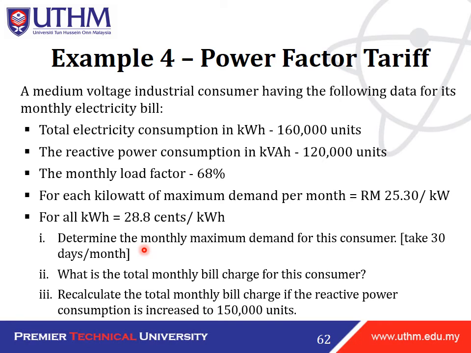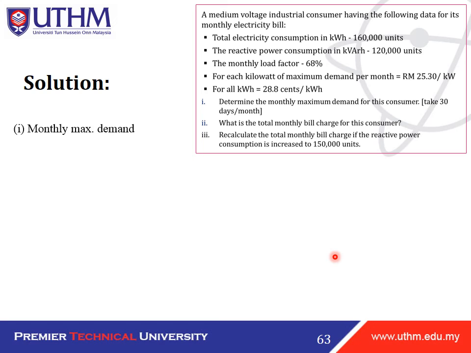So determine the monthly maximum demand for this consumer, taking 30 days per month, and then what is the total monthly bill charge for this consumer, and recalculate the total monthly bill charge if the reactive power consumption is increased to 150,000. Okay, now we calculate the monthly maximum demand.